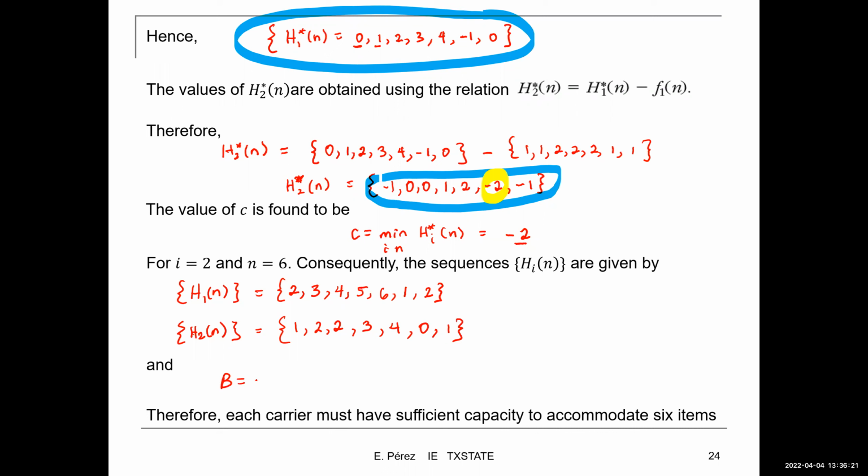B is going to be equal to the maximum over I and N of H I of N, and the maximum value will be 6. That will happen for I equals 1, so that's for the loading station, and carrier N equals 5.